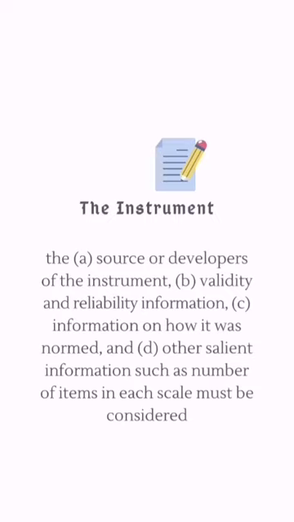And then information on how it was normed, how many have already used it, which will make it more reliable and valid. And then other salient information such as the number of items in each scale and some subscales.